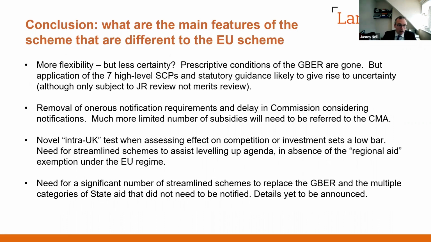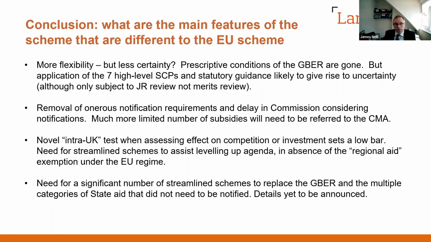Just in summary then, what are the key features of the scheme in terms of how it differs to what we've been familiar with under the EU scheme? There is certainly a great deal more flexibility. However, coming alongside that greater flexibility is less certainty.